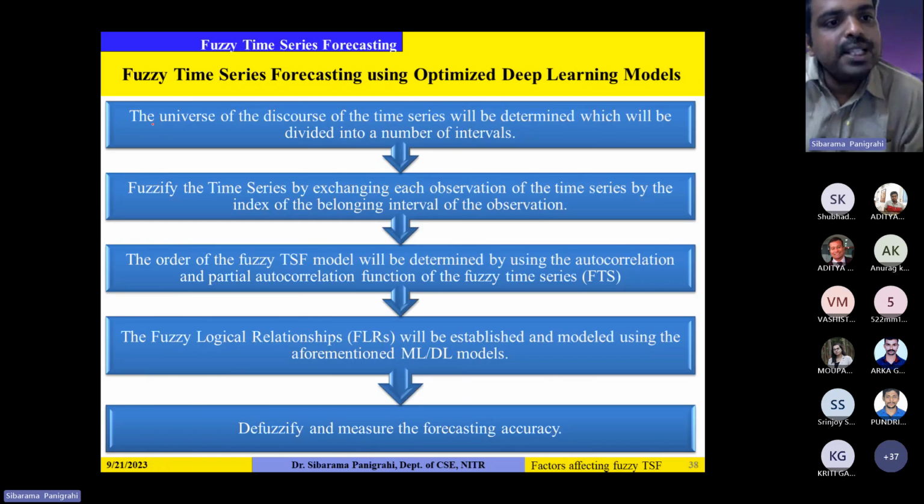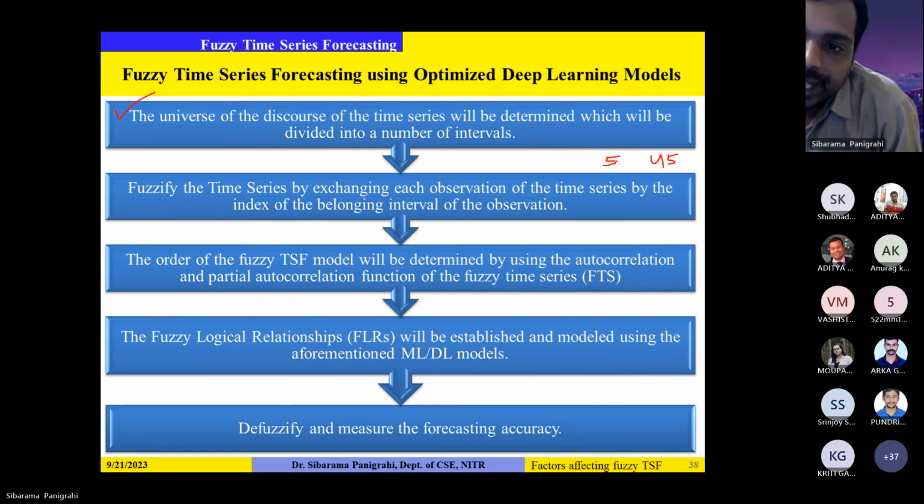So in fuzzy time series forecasting, first, the universe of discourse of the time series will be determined. Universe of discourse means, let's say the minimum temperature is 5 degree and the maximum temperature is 45 degree. In future, we might have a temperature which is less than 5 degree, or more than 45 degree.